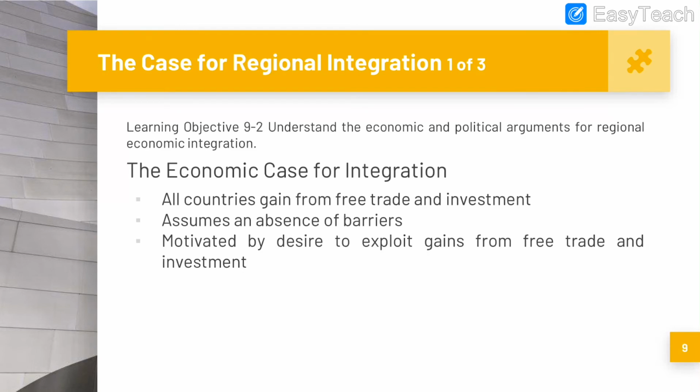The employment opportunities also tend to improve because trade liberalization leads to market expansion, technology sharing, and also cross-border investment. So in the economic case for integration, okay, all the countries gain from free trade and investment, assuming an absence of barriers.